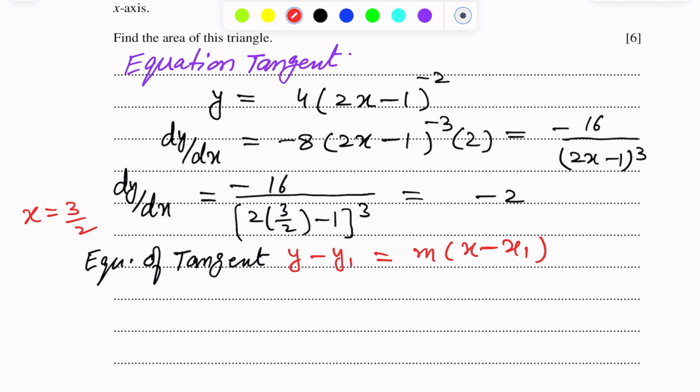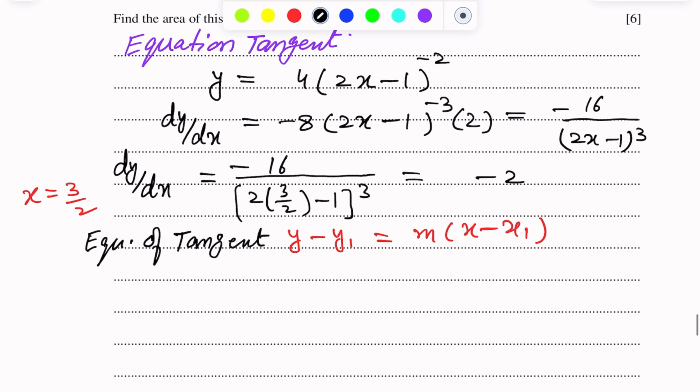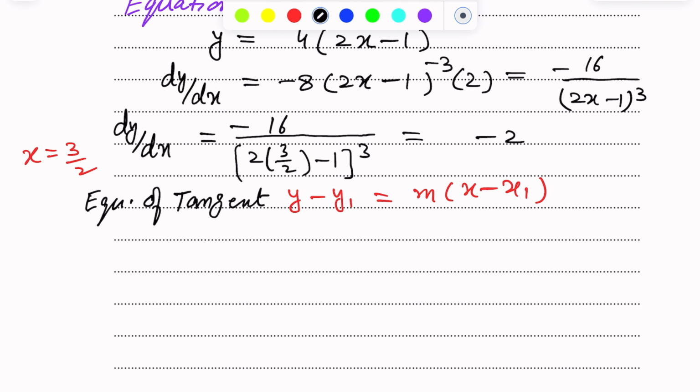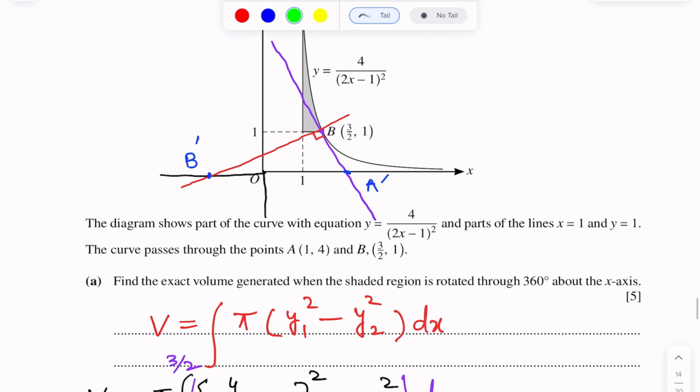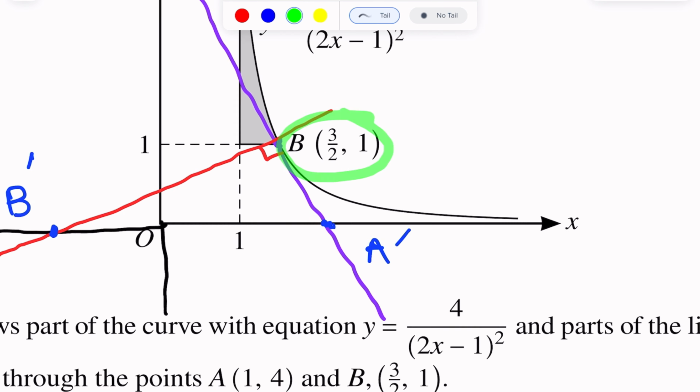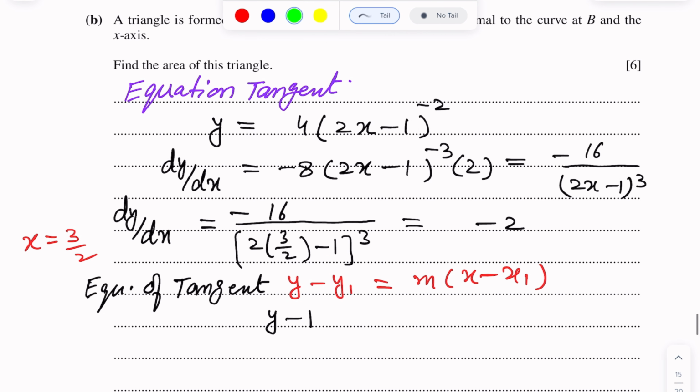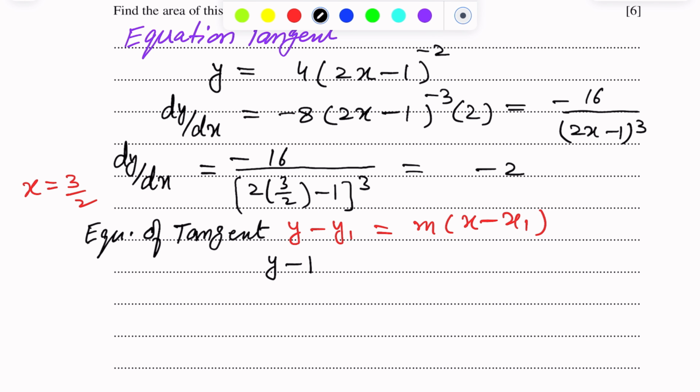Putting here the values, y minus 1, because the y coordinate of point B is 1, x coordinate is 3 over 2, and the gradient of the tangent is negative 2. This is the value of m. So we get y minus 1 is equal to minus 2 into (x minus 3 over 2).